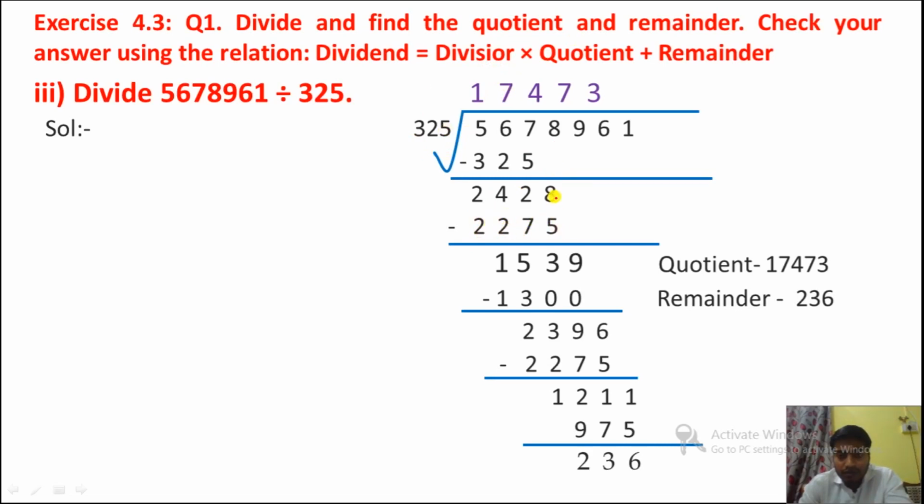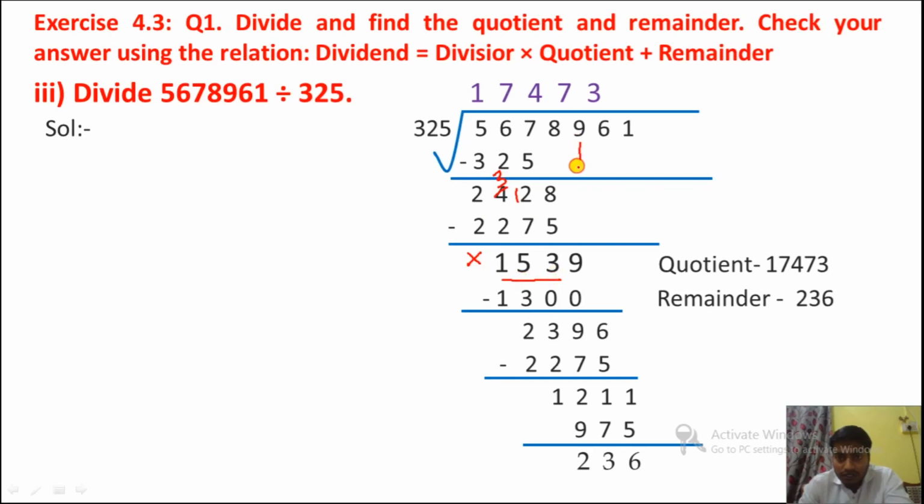Now we have to subtract: 8 minus 5 is 3, 2 is less than 7, so this will take borrow from here. So this will become 12 and this will become 3. Clear? 12 minus 7 is 5, 3 minus 2 is 1, and 2 minus 2 is 0. So I'm giving you a cross mark. Now it became 153.